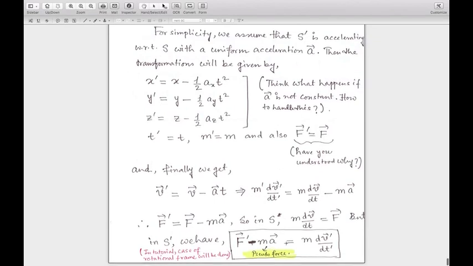So F prime minus ma is equal to m dv prime/dt prime. So if this is our new F prime, the total thing, then we can simply say that Newton's second law is valid even for this non-inertial frame of reference. And this extra term which is required for this equivalence is known as pseudo force. In the tutorial, we will talk about more general cases, which is the case of rotating frames of reference. Thank you very much.